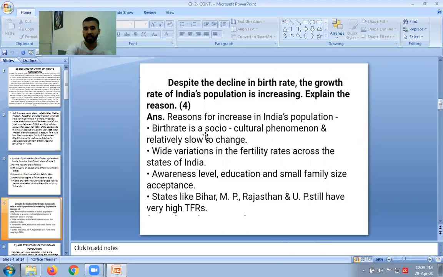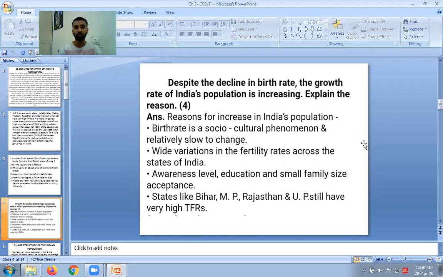Reason number one: birth rate is a socio-cultural phenomenon and relatively slow to change. As I've already told you, a socio-cultural phenomenon is related to our culture, the culture of a particular society. It includes the mindset of people also: what kind of thinking people have, whether they try to make themselves aware, whether they are ignorant. If they are ignorant, they are not going to change themselves.